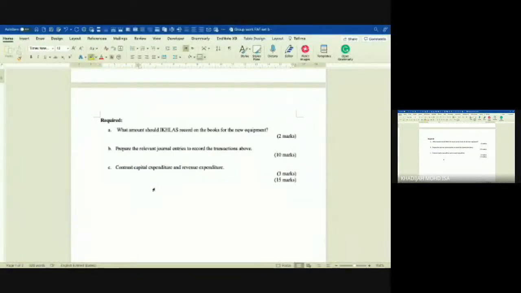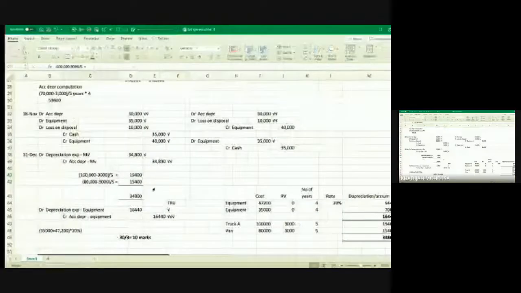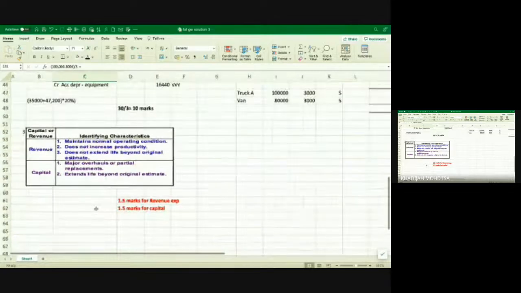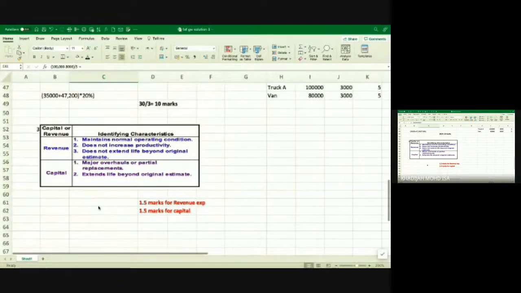Contrast a capital expenditure and a revenue expenditure. Let's see the answer. Revenue expenditure is incurred in order to maintain normal operating condition. It does not increase productivity. It does not extend life beyond the original estimate. But capital expenditure, a major overhaul or partial replacement, extends life beyond the original estimate.